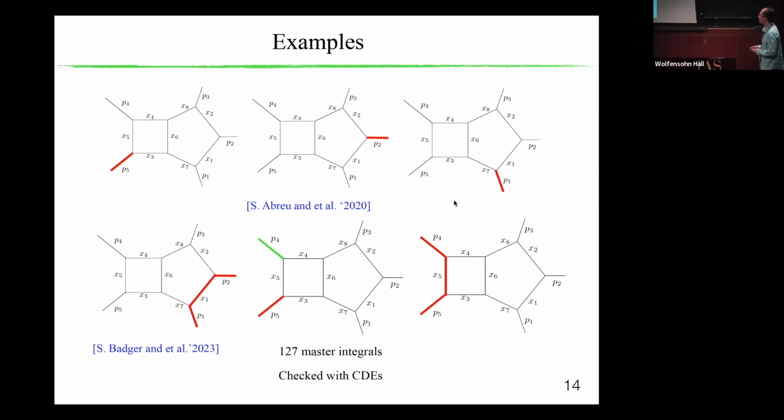And this is the 5 point with two massive externals and one massive internal propagator, and we also checked these two different 5 point with two different masses. It has 127 master integrals, and we construct the canonical basis and then use the numerical way to bootstrap the canonical differential equations, and we really find a perfect agreement.